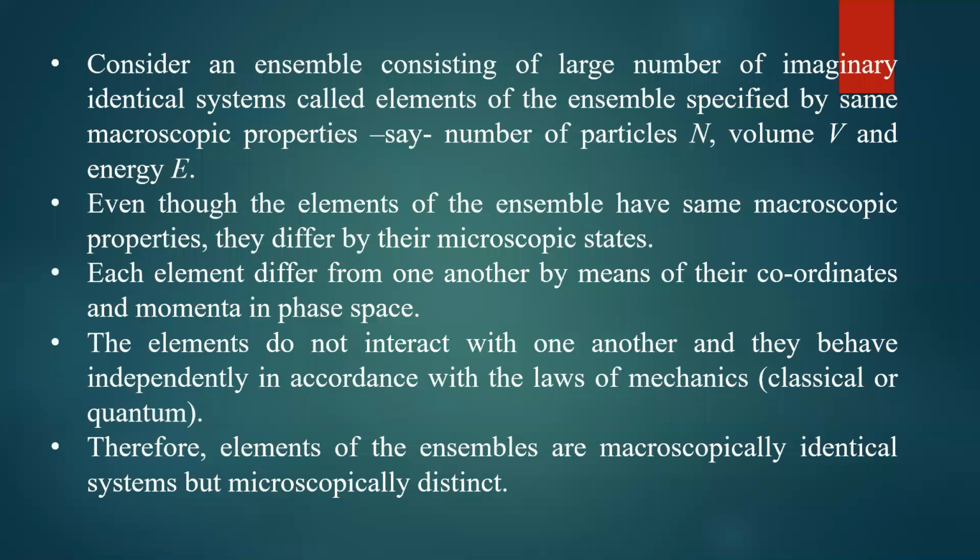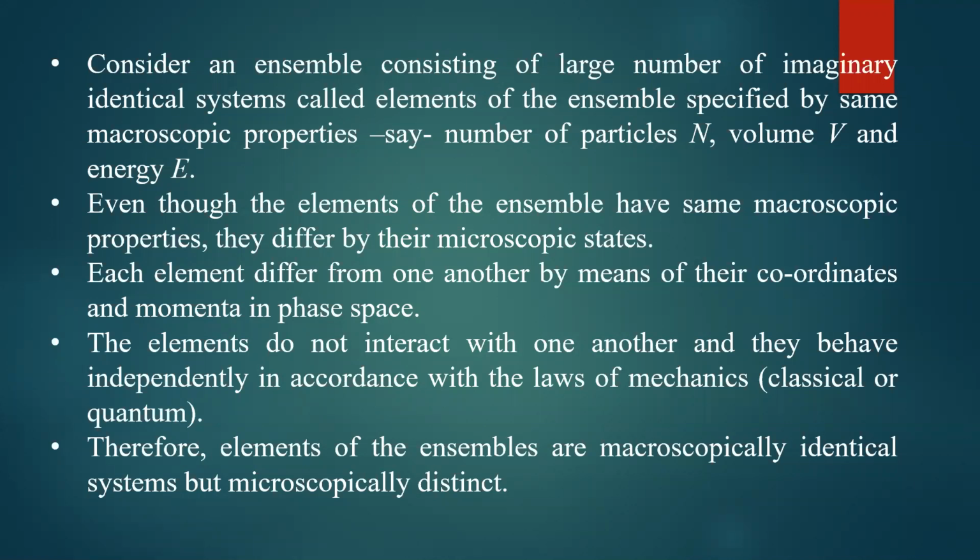The ensemble consists of a large number of small systems. The building is the ensemble. Inside the building a number of rooms are there, and those rooms have the same macroscopic properties. All rooms have the same properties. Inside them the number of particles is the same, the volume of the room is the same, the energy, that is the kinetic energy of the room, is the same.